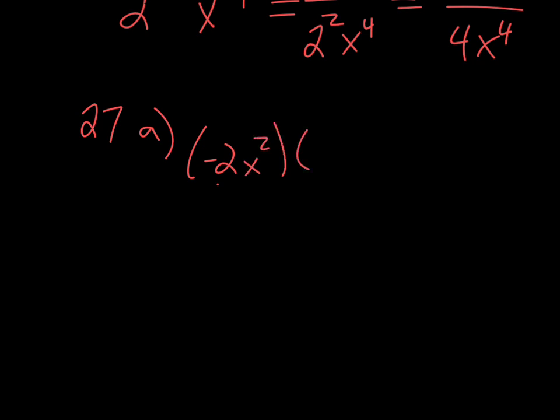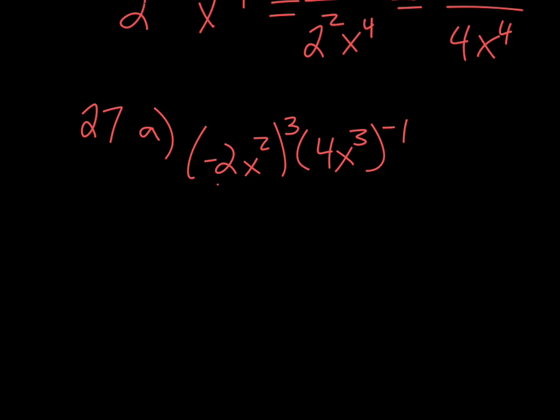Your order of operations still makes a difference. Yeah, you do the exponents first. Did I write that down right? Oh, I forgot a 3. It's going to be negative 2 to the 3rd, x to the 6th, x to the 5th.